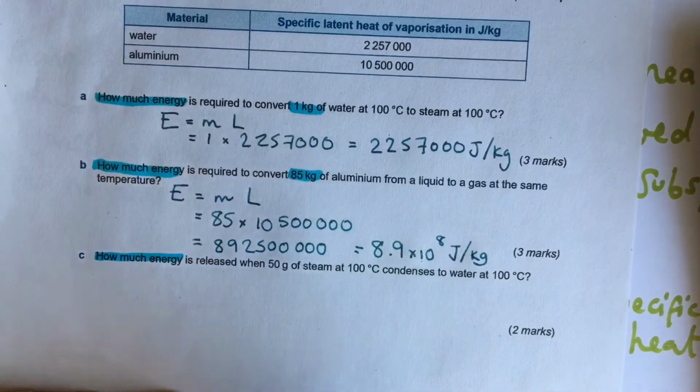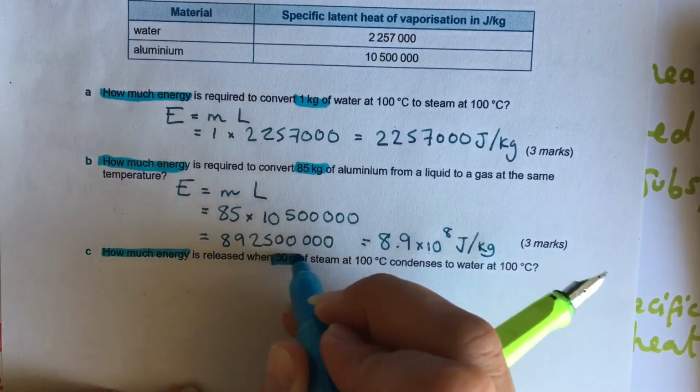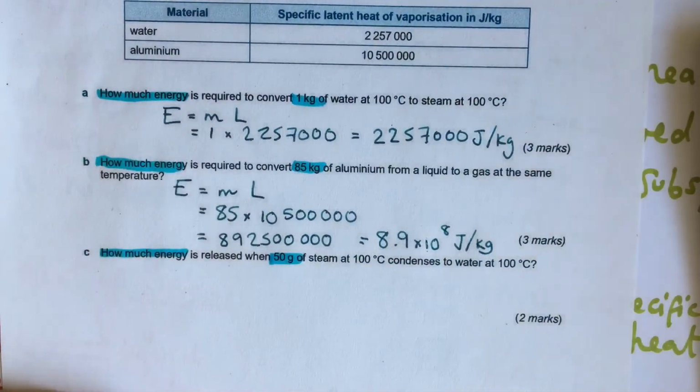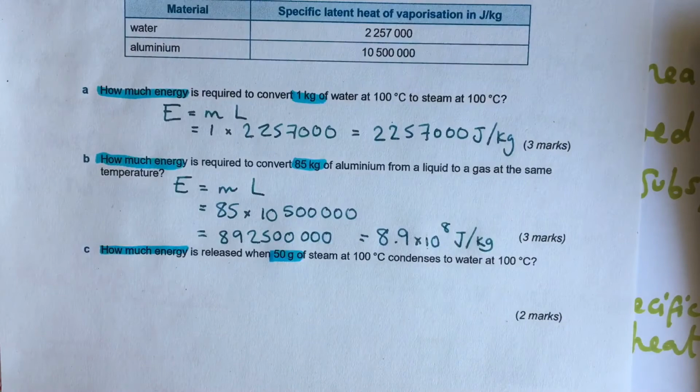How much energy is released when 50 grams of steam at 100 degrees condenses to water at 100 degrees?